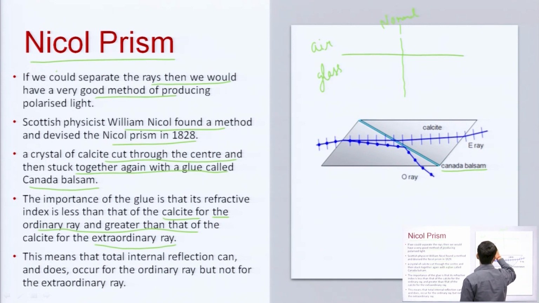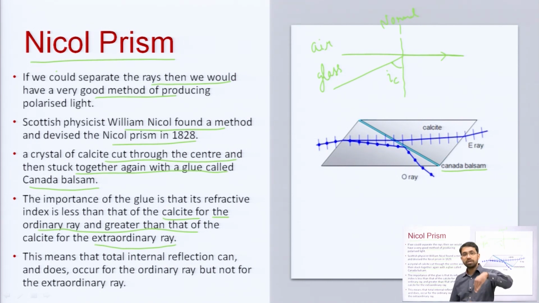If a light ray is going from a denser medium to a rarer medium, it will move away from the normal, and if we keep on increasing the angle of incidence to a particular angle called the critical angle, then this light ray will go like this, and this is called the critical angle of incidence.